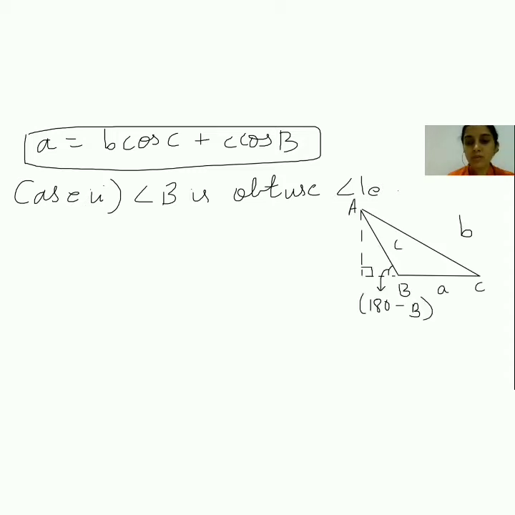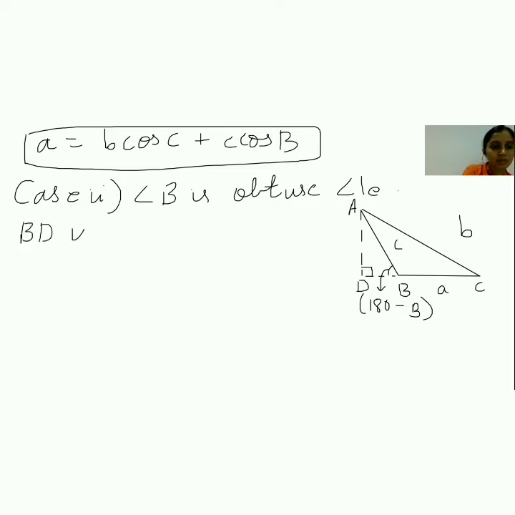The diagram will have angle B as an obtuse angle, and I have drawn the projection and the perpendicular AD over here. So again, the projection of AB will be BD only.